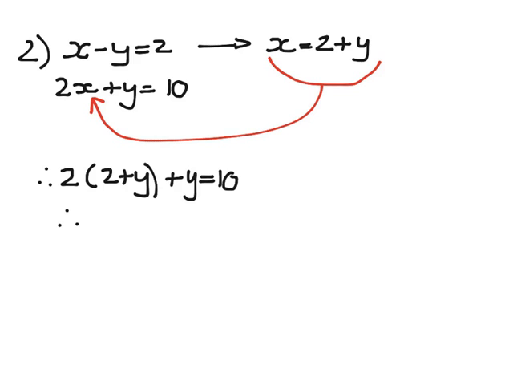So Yurama, 4 plus 2y plus y is equal to 10.